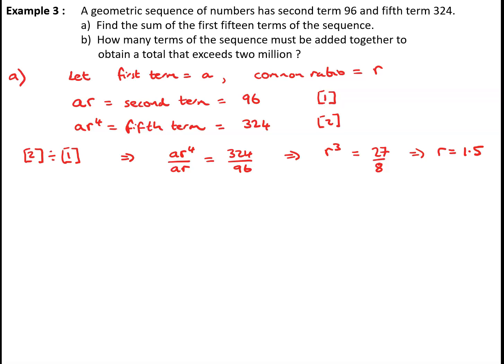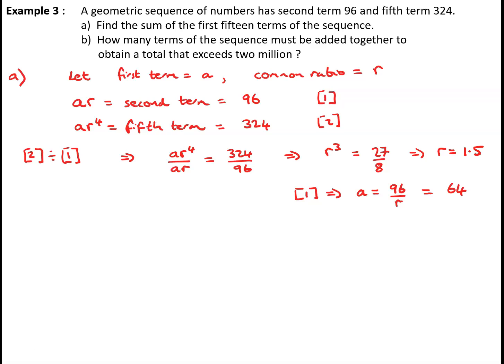Using equation 1 now, a must be 96 divided by r, which is 64. The geometric sequence we are considering has a first term of 64 and a common ratio of 1.5.